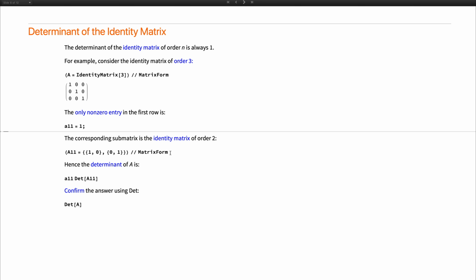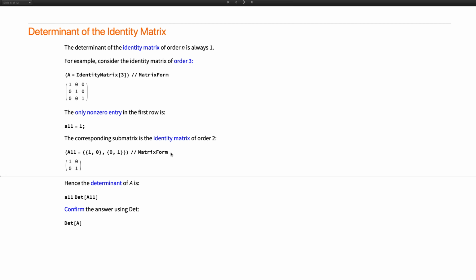If you look at the corresponding submatrix, you simply get back a smaller identity matrix. So the complete determinant is just 1 times 1, which is 1. So if you have such a matrix, the determinant is always going to be 1. Let's check the answer with the built-in function, and you do get back 1.